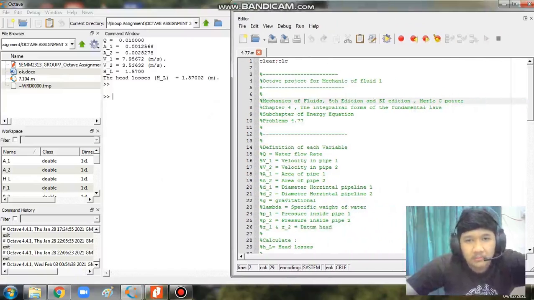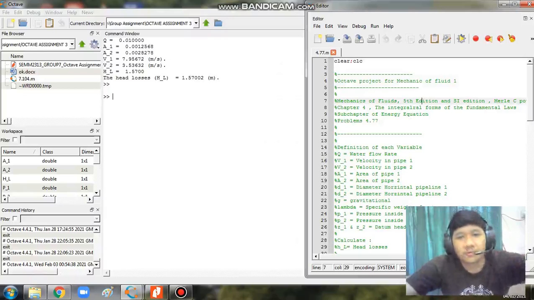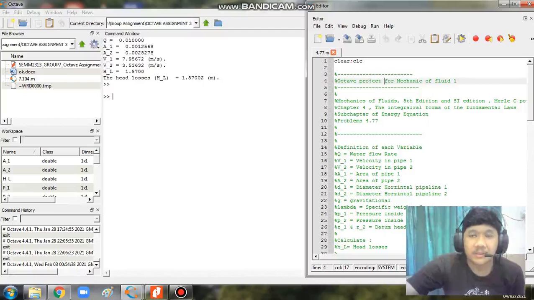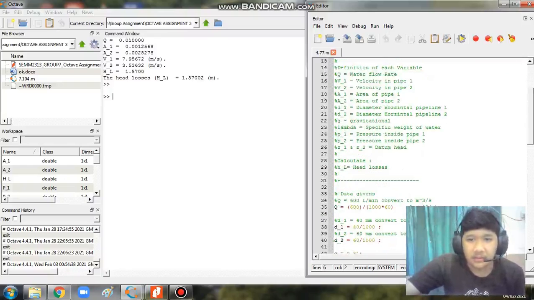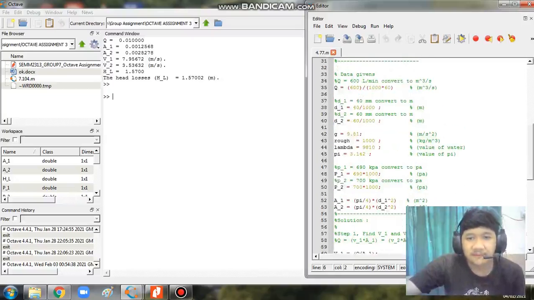In MATLAB, when we want to calculate something, we need to clear and clc. For the given data we can use a percent sign, so that it is not calculated, to avoid errors. Then I write the definition of each variable like before, and this is the data given.